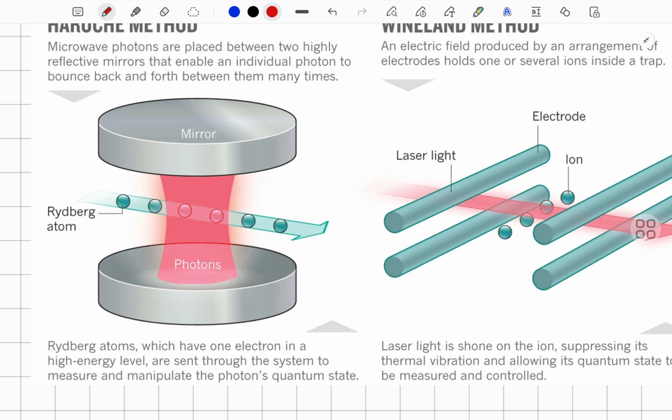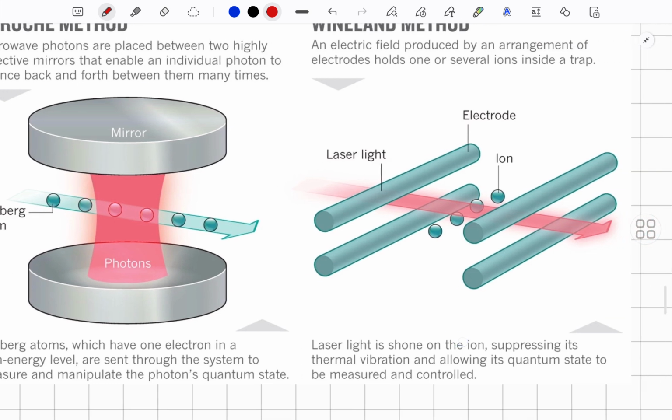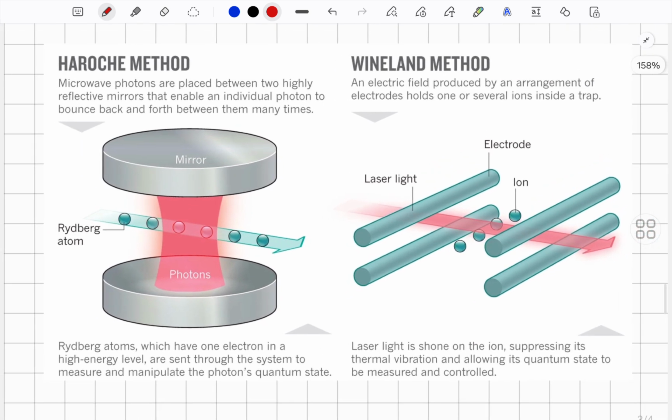The Wineland method is just opposite to it. In the Wineland method, basically ions, charged ions, are trapped within electrodes. So you can see the ions here, trapped inside, and the light is passed through these trapped ions.